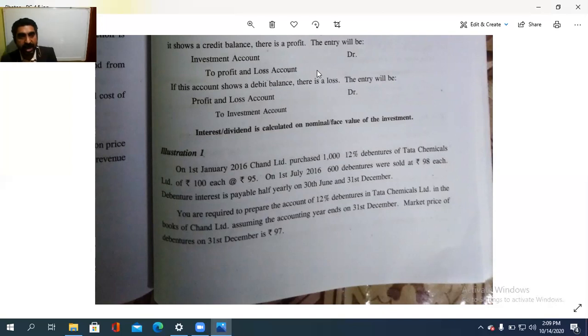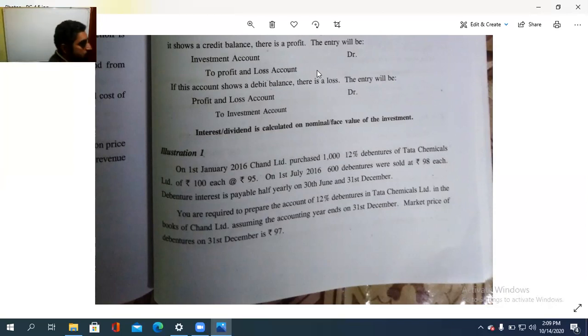While in case of an ex interest sale, the same entry, but the treatment should be for excluding the interest. Bank account debit to investment account for the quoted price, and excluding the interest, other than the quoted price, the interest calculated is to be credited to interest.